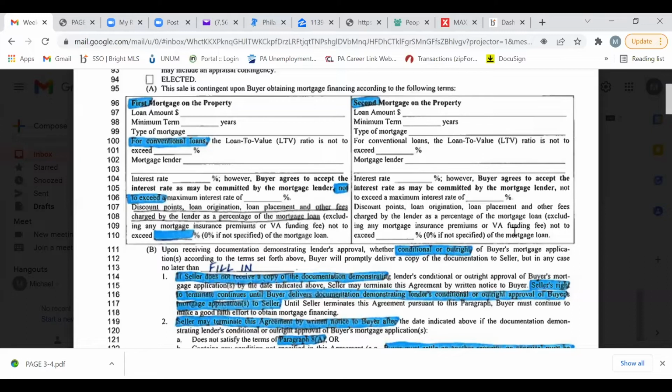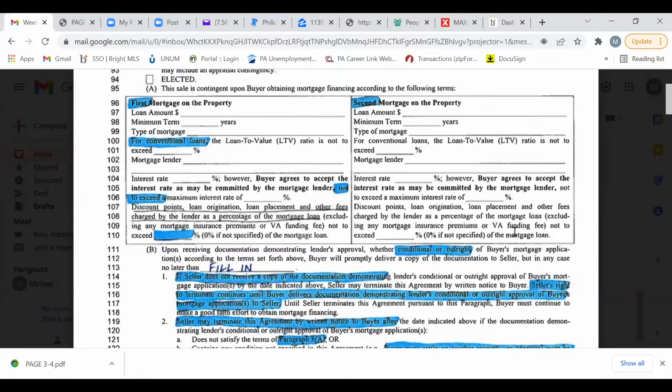So part B, we are now talking about documentation demonstrating lender's approval. Okay. So nowhere in this paragraph B does it say mortgage commitment, but yet we as agents use mortgage commitment date as what this means. It doesn't.